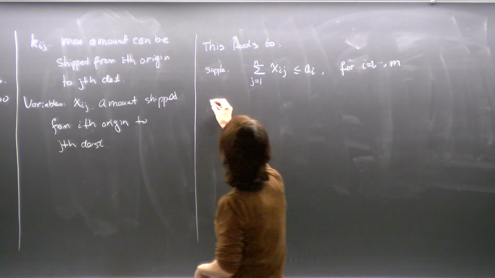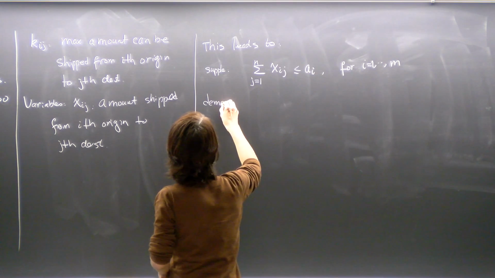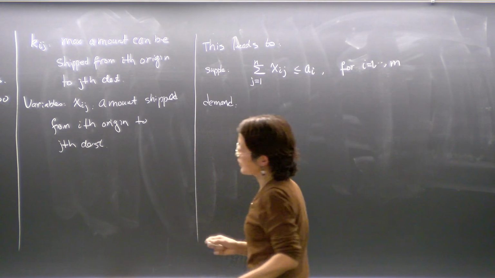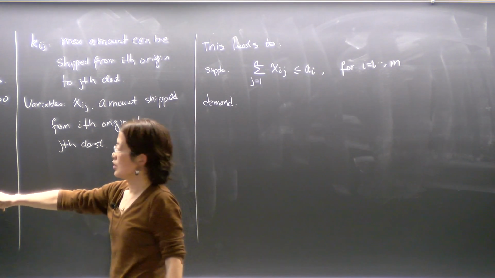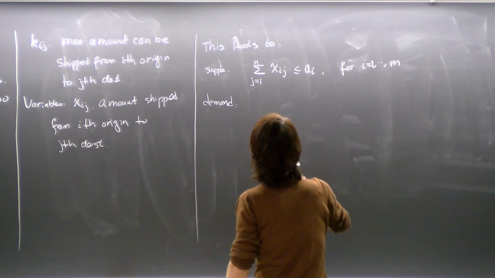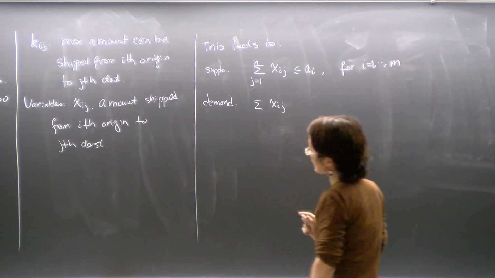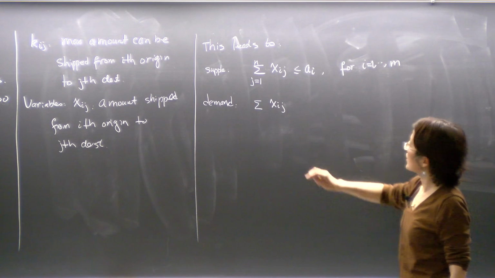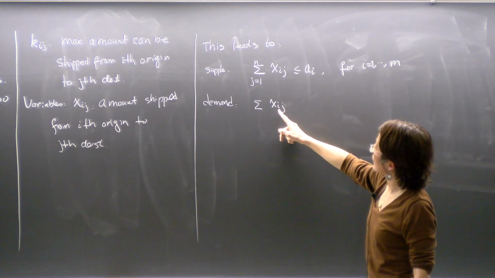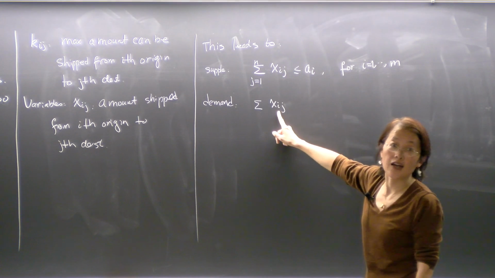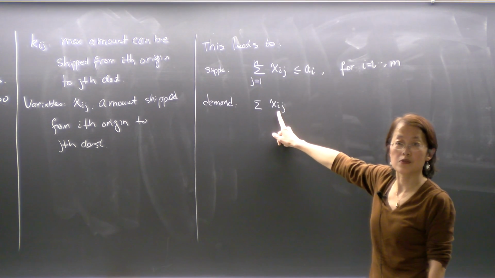Okay, and then you also have a constraint from the demand, because you have to ship that much to the destination j. So what will be the total amount being shipped to destination j? Well, that will be adding all this up for all different i's coming from different warehouses, right?